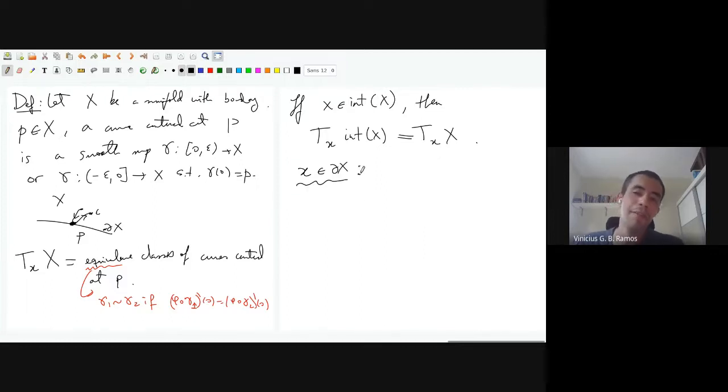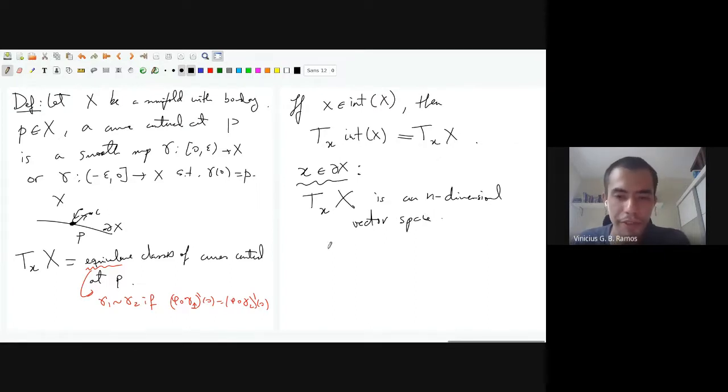So if X is on the boundary, then it's kind of interesting because the tangent space of X at the point little x is still an n-dimensional vector space. So, let me draw a picture so you see, maybe if you have a manifold like this, this is a surface.